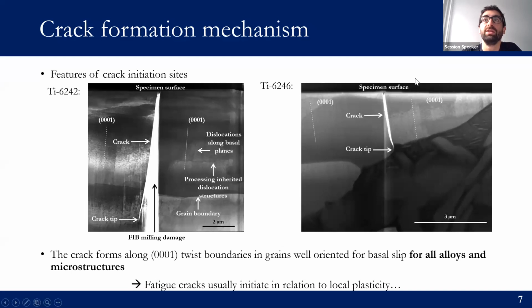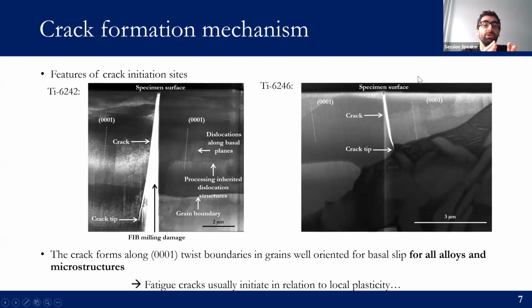The basal planes are indicated by dashed lines, and it reveals that the cracks are parallel to the basal planes in 3D. And another interesting observation is the absence of a grain boundary that is visible nearby the crack. That reveals that the crack forms along the grain boundary.